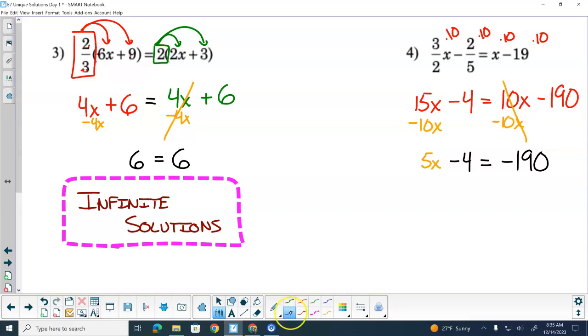So we're going to have to add 4. And lastly, divide both sides by 5.